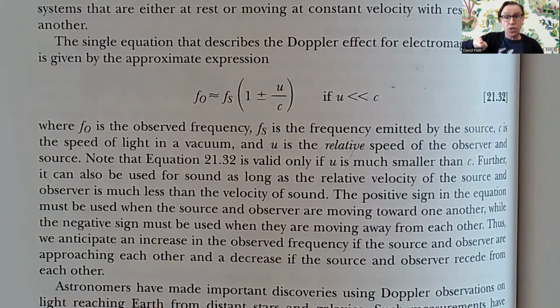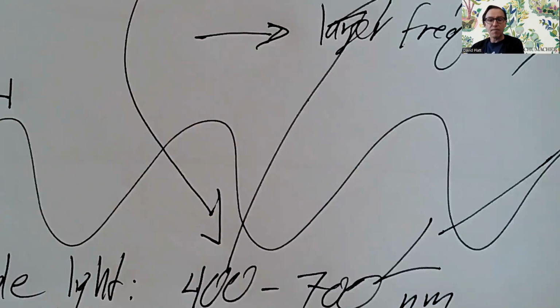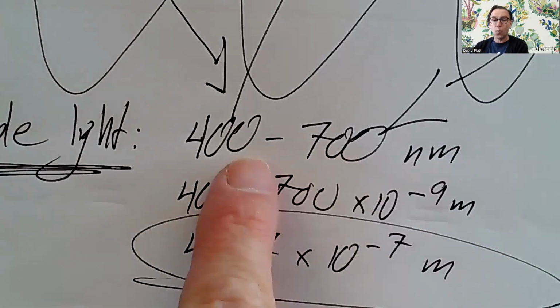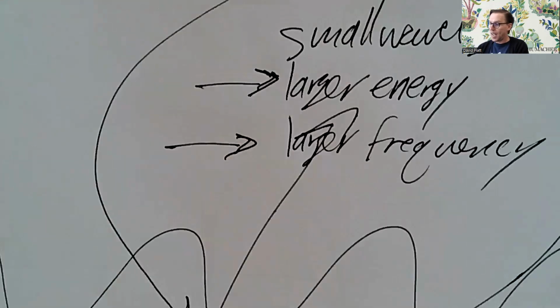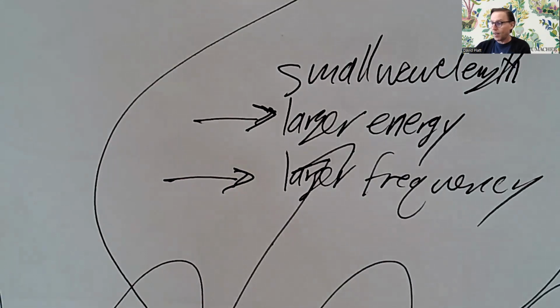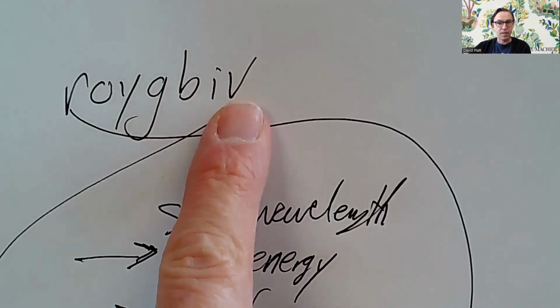Well, when I run towards you with the flashlight, you see a higher frequency light. Higher frequency light is smaller wavelength light, and the small wavelength was on the violet end of the spectrum.